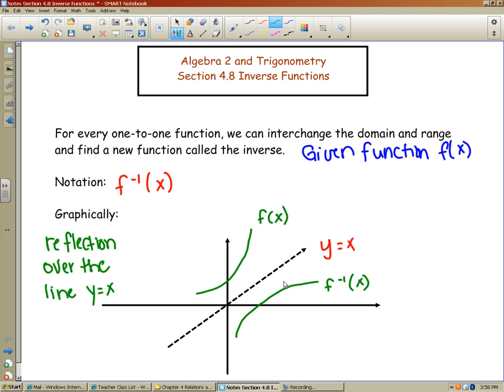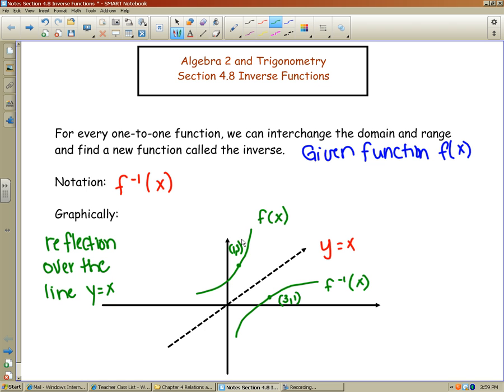So when we talk about that reflection, if it was just a set of points, let's say this point was 1, 3. Then the reflection would switch the x and y and be 3, 1.